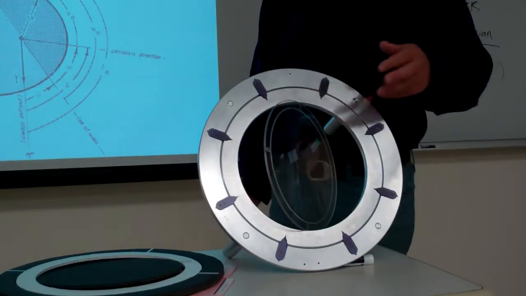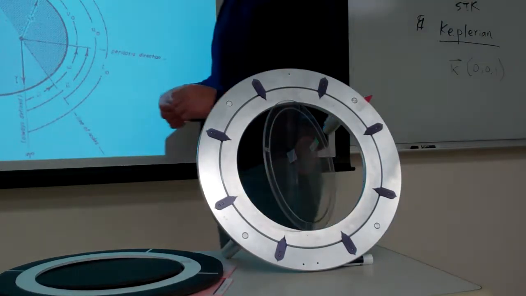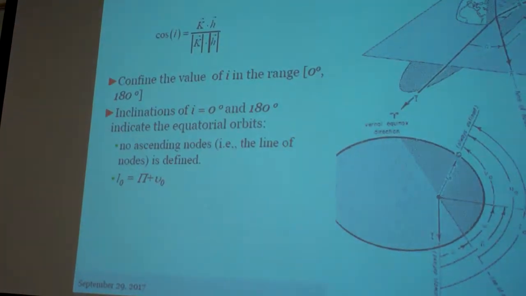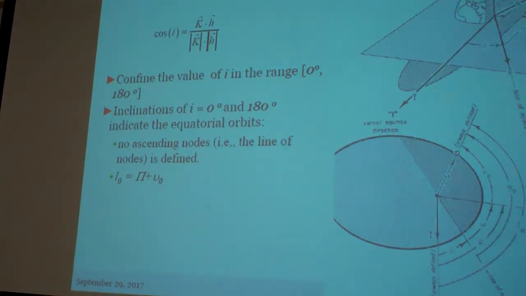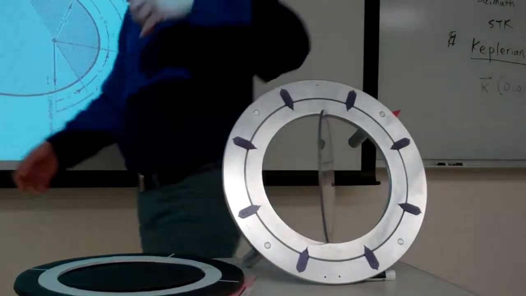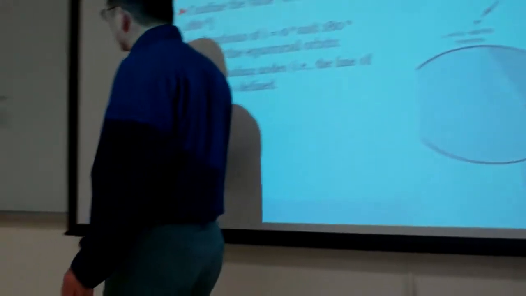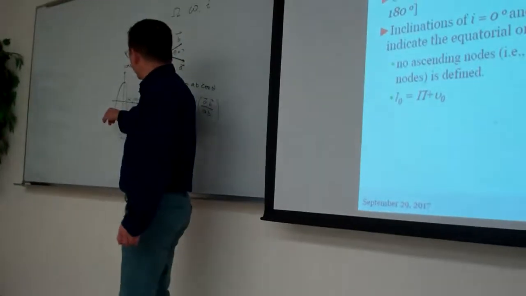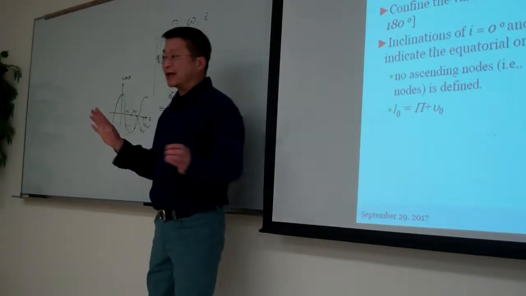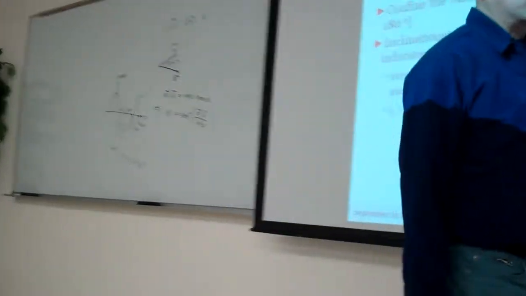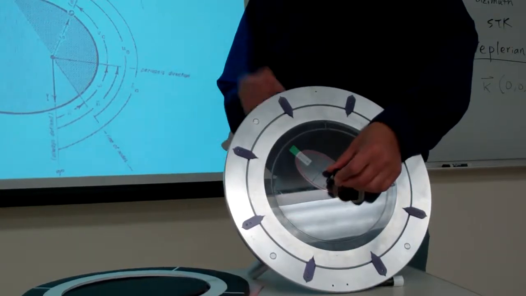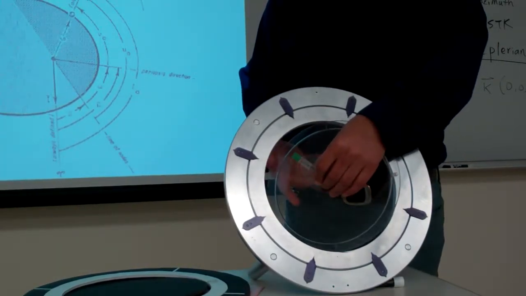So we have to make sure we confine the value of I to this range. For I, we just define it here, because the value the calculators give us is from 0 to 180 degrees, and that covers all the possible values we've been talking about. So this is fine, and nothing special to take care of.